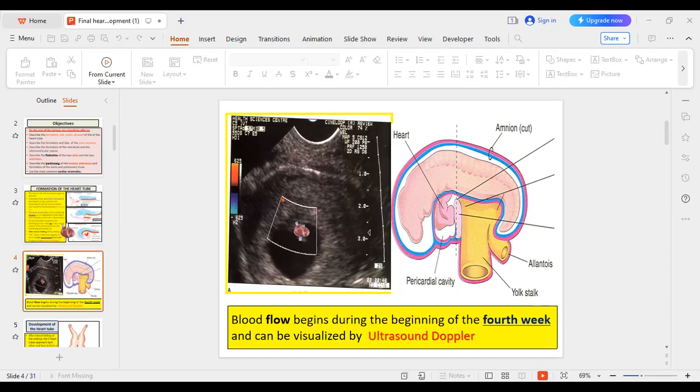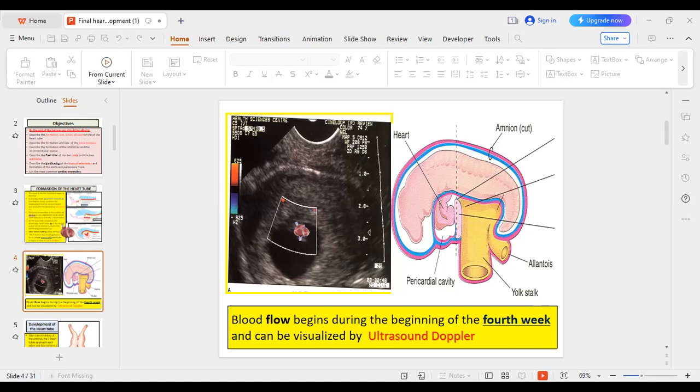Partitioning of the atrioventricular canal, and also the common atrium and common ventricle. It begins by the middle of the fourth week and is completed by the end of the fifth week.